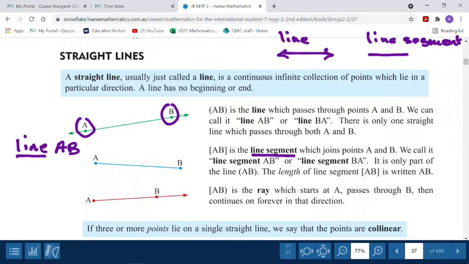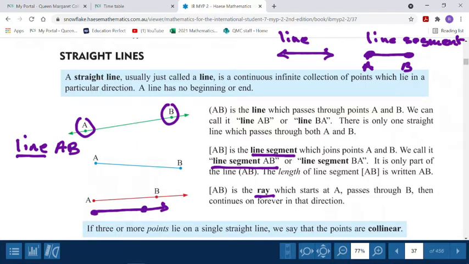Line segments are named by the points at which they begin and end. So that's line segment AB. And then finally, we have what's called a ray. A ray starts at a point and then goes infinitely in one direction.